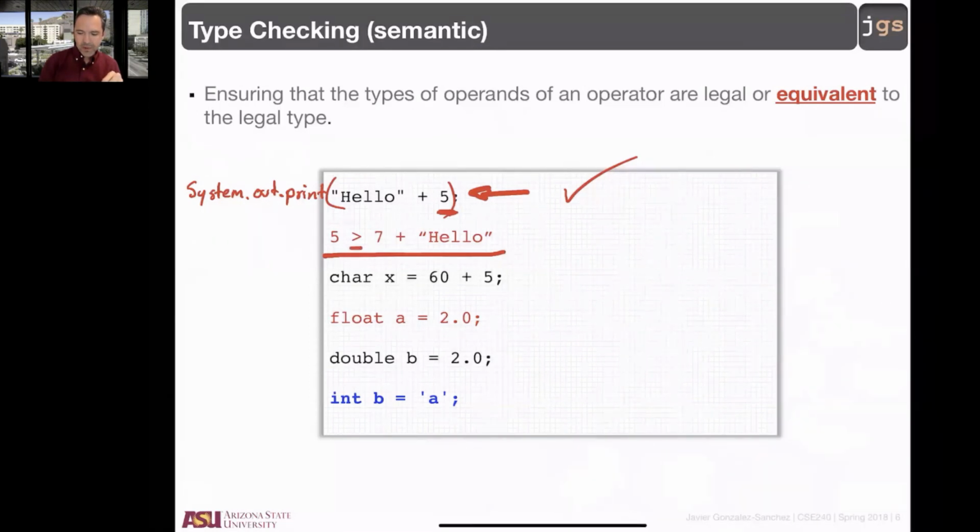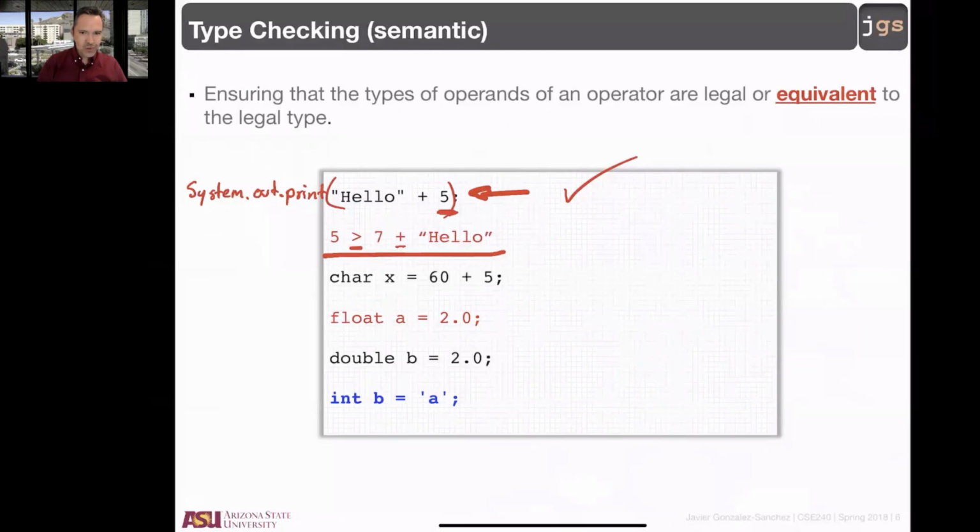Which of these two operators happens first? CS110, right? Go ahead. I think it's the addition first. Yes, you are correct. Do you remember arithmetic operators and relational operators? Which one has a higher precedence? The arithmetic. So the first thing that happens is the addition.